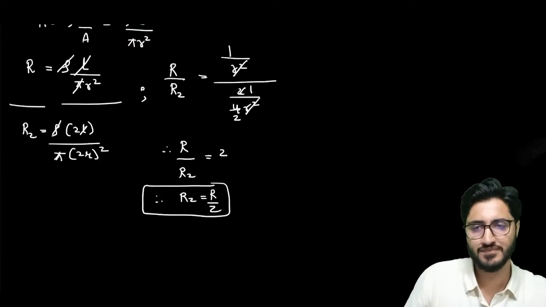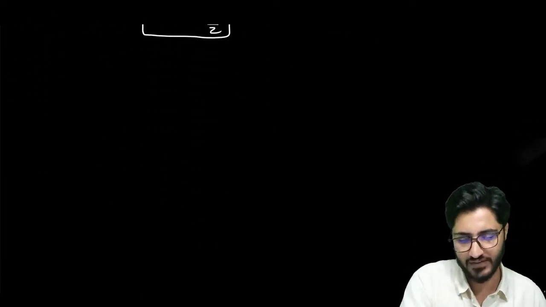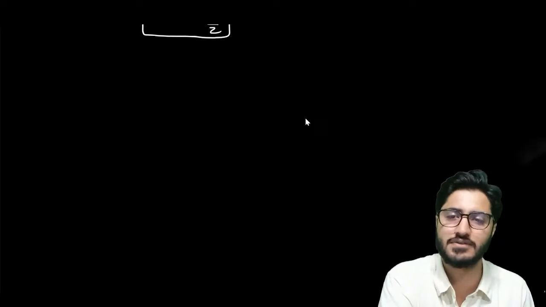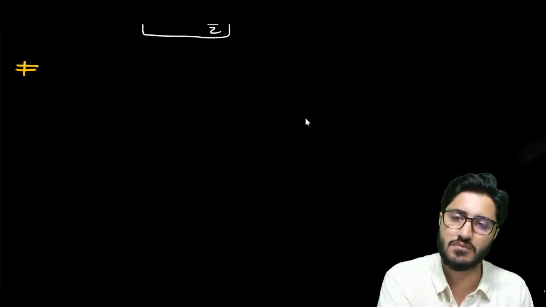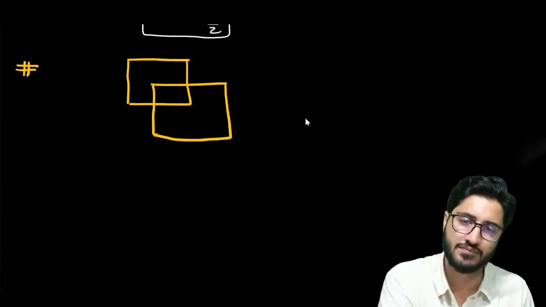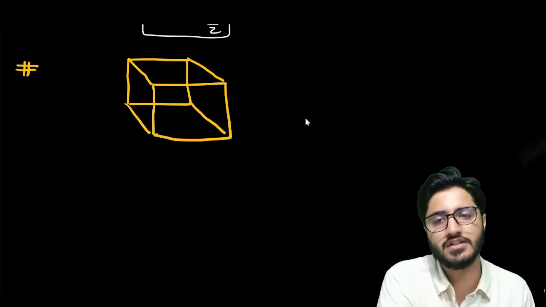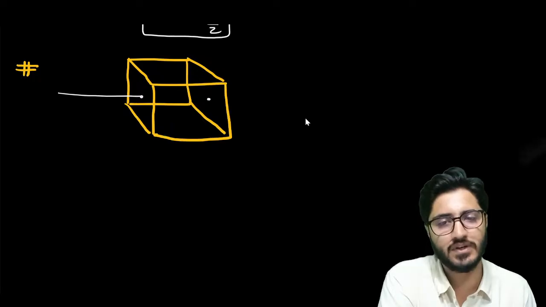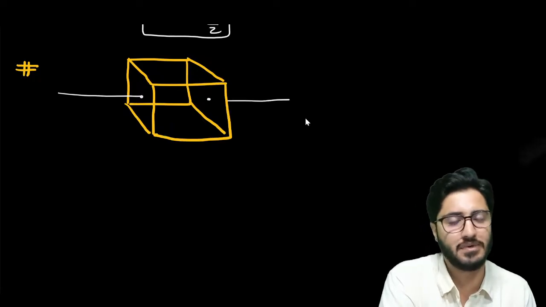Look now, one more type of thing. If we have any 3D shape, my 3D shape. Now current is flowing from this terminal and leaving this terminal.